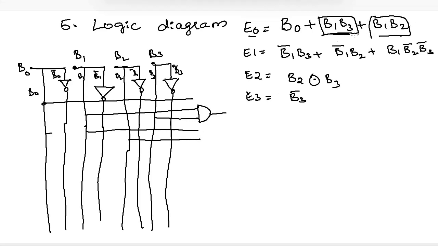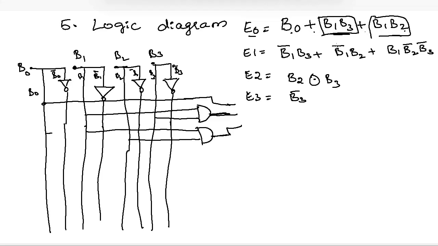So we get this is B0 line. It is B1 into B3. This line is B1 into B2. So in between the terms B0, B1 into B3, and B1 into B2, OR operation is applied.